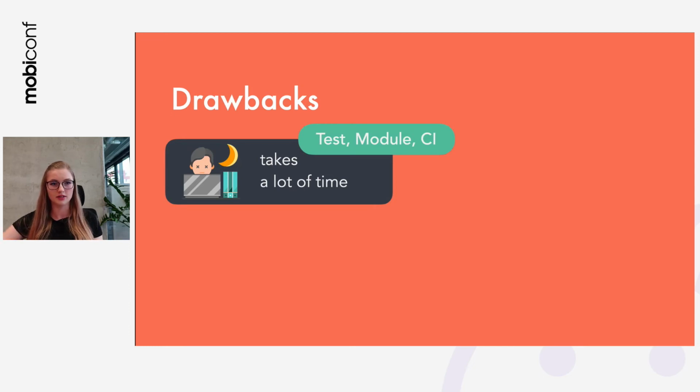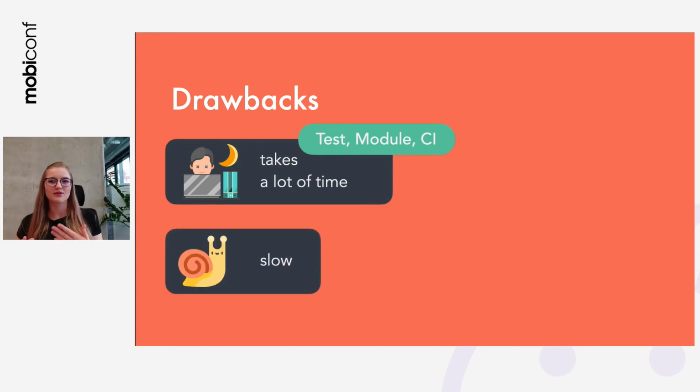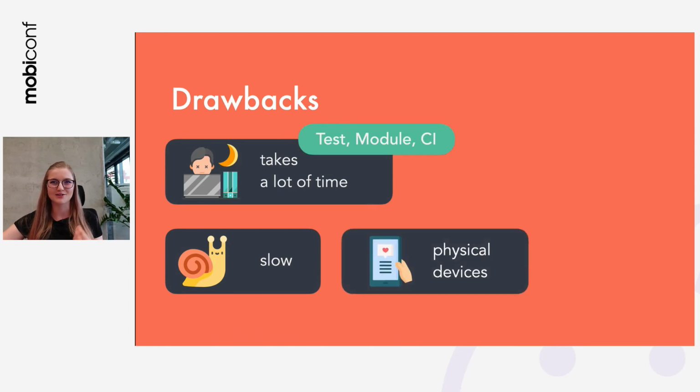And the next thing that may be troublesome when you use benchmarks is that those kind of tests are relatively slow because they run measured code a lot of times to get the most accurate results. And to make things worse, as you may remember from one of the previous slides, Jetpack benchmarks and macro benchmarks need to be run on a physical device.